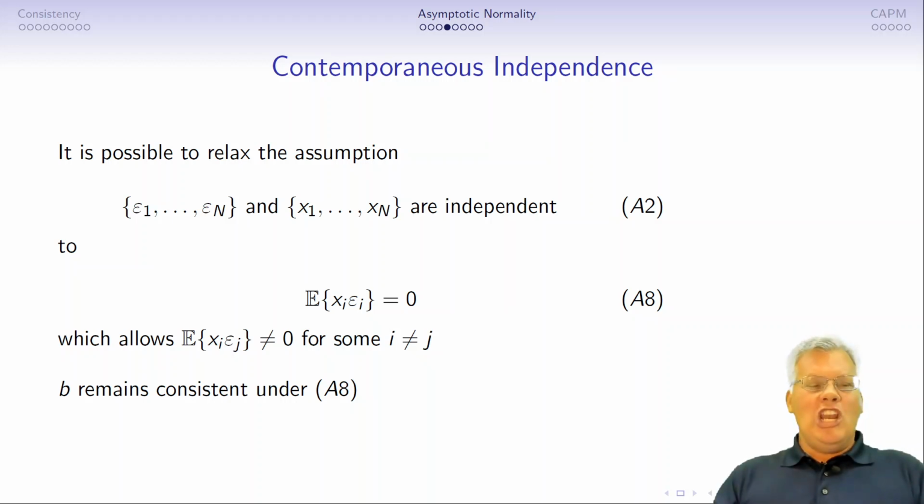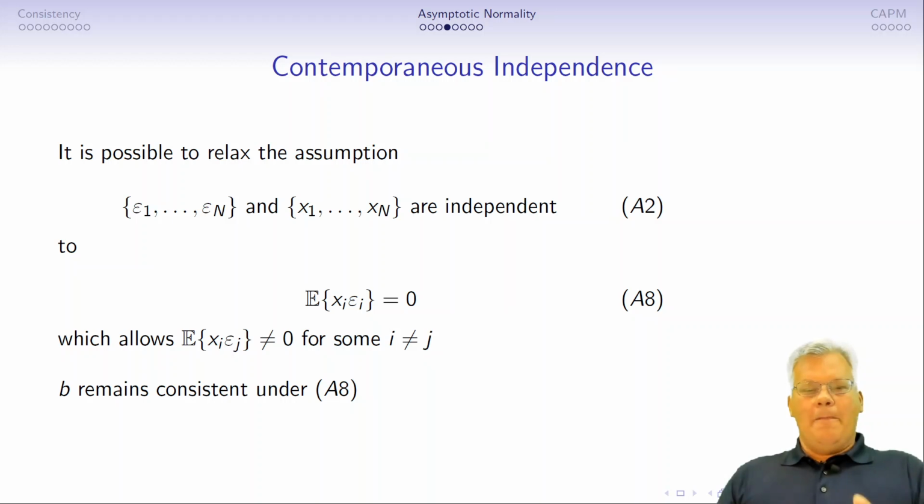So if GDP in 2021 is a function of GDP in 2020, what we could say then is that the right-hand side variable, GDP 2020, is now correlated with epsilon 2020.